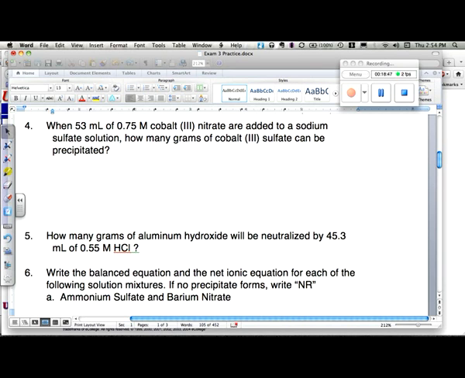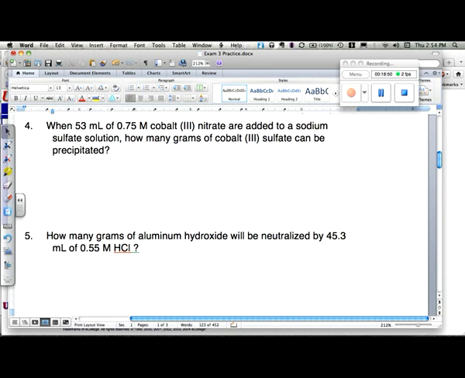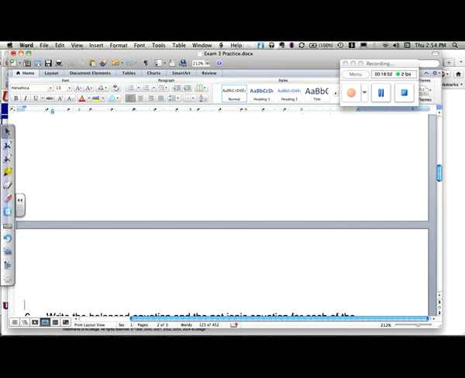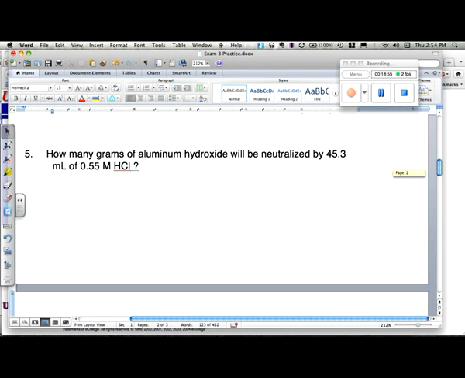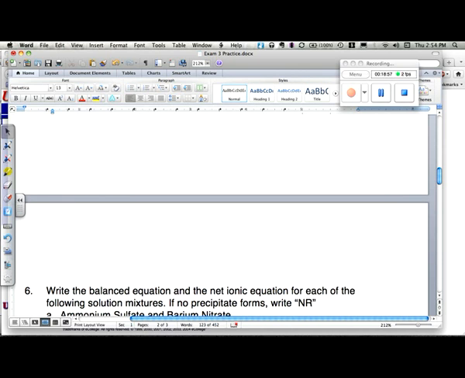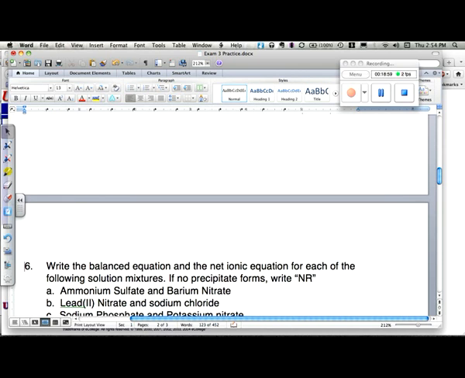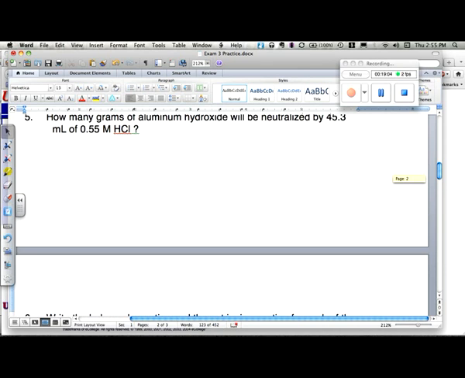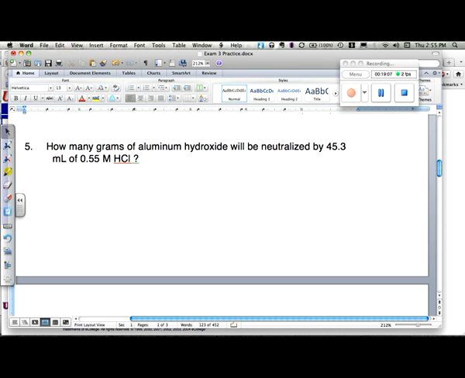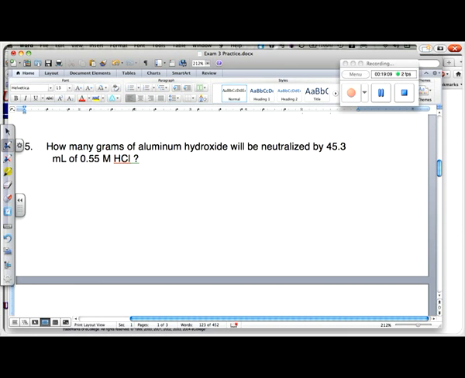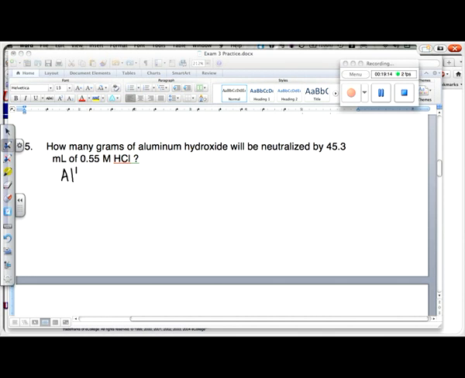Give myself some more room here. Okay, another double replacement. Aluminum hydroxide, aluminum plus 3, hydroxide minus 1. I need 3 of those negative 1s.